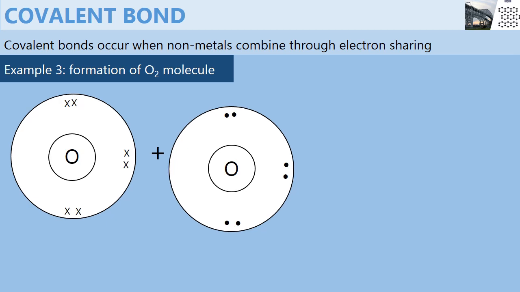The next example is the formation of the oxygen molecule. Now for the oxygen molecule, let us just ignore all the other energy levels and consider the outermost energy level. So the first circle represents the nucleus, and this one now is the outermost energy level.